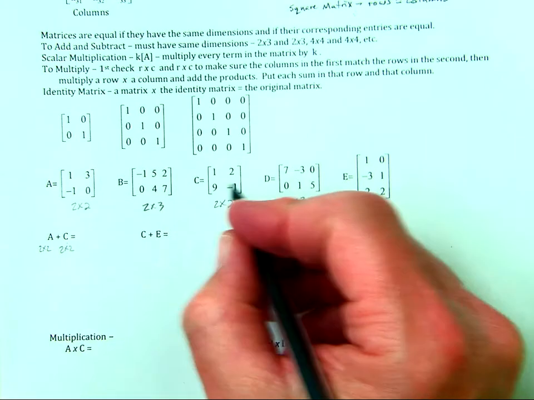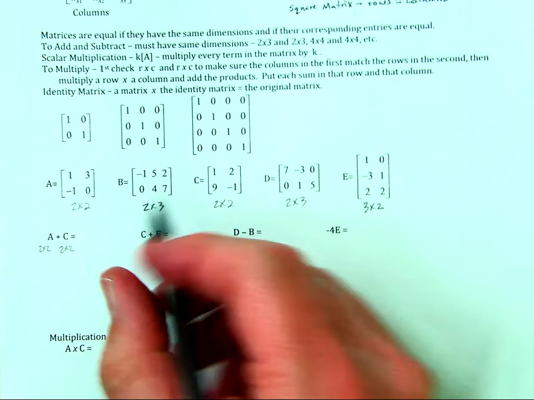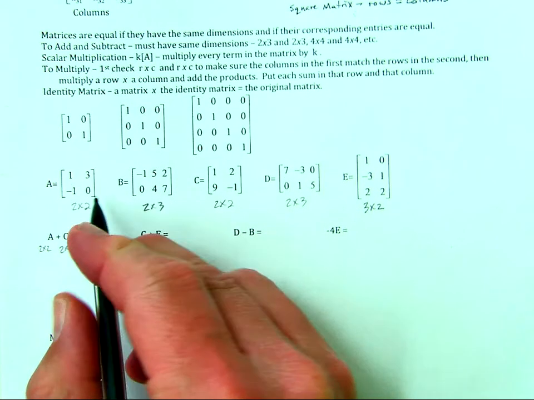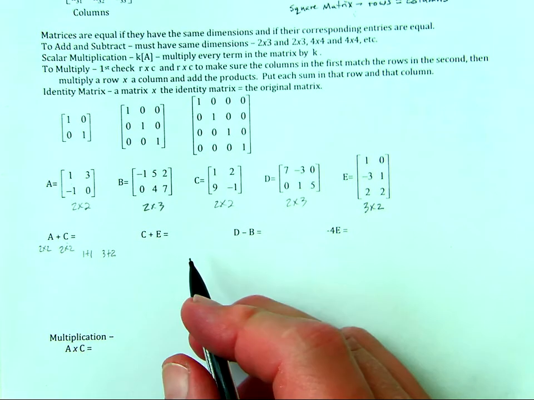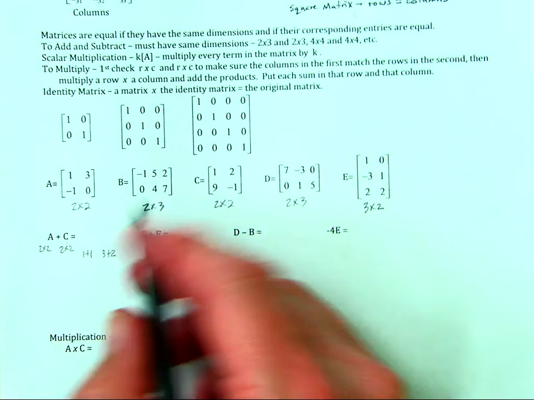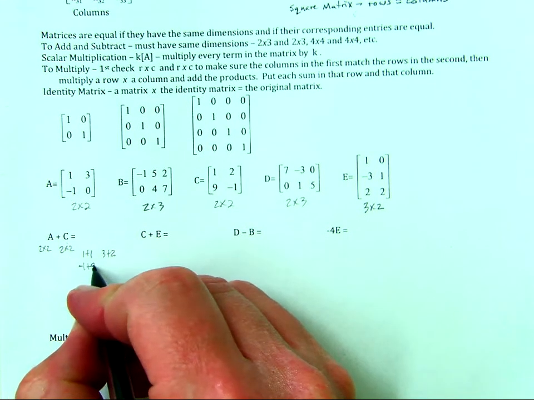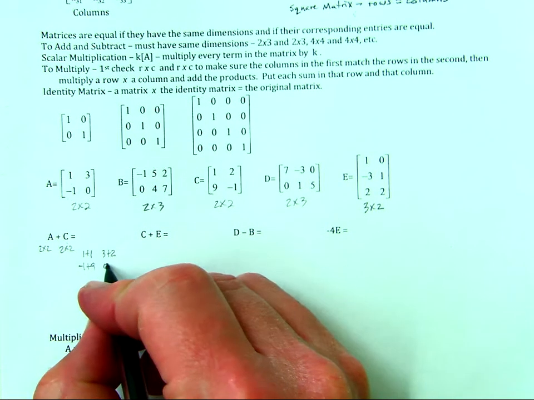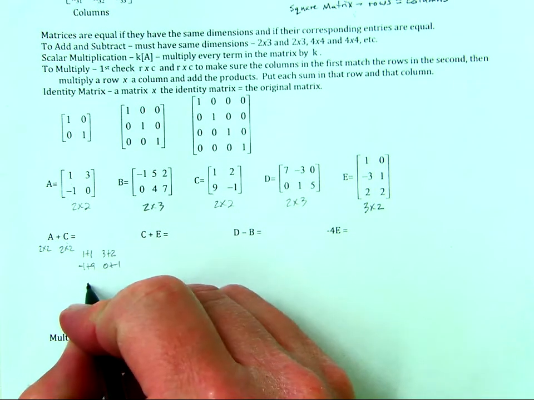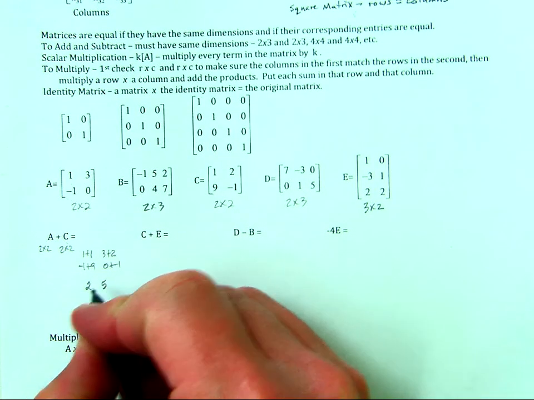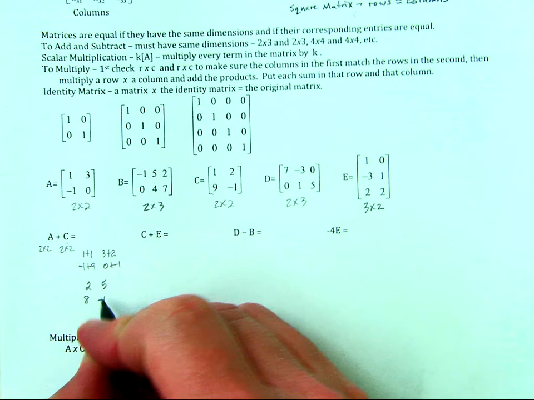So if I just wrote them out the long way, we'd have 1 plus 1, 3 plus 2. So you just add the ones that are in the corresponding parts. Negative 1 plus 9. 0 plus negative 1. Kind of how you would guess. If you didn't know any better, it's how you would try to do it. So we would come up with a matrix that's 2, 5, 8, negative 1.